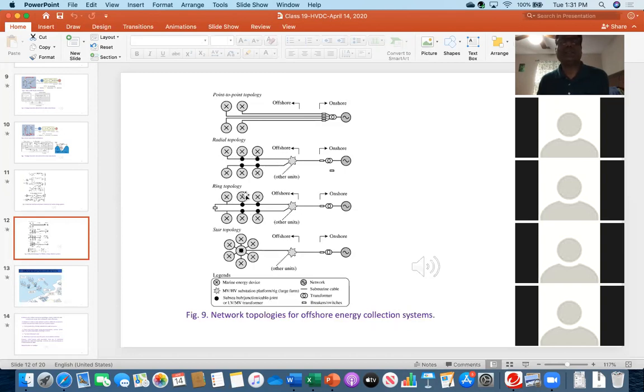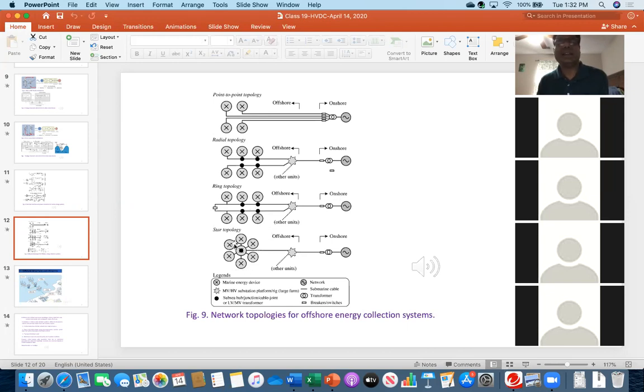Now, this structure is called the ring topology. You see it is pretty much similar to the radial topology, but it is called a ring because it is forming a ring. On the left side, this rectangular symbol represents the circuit breaker. They are connected with the help of a circuit breaker. That's why this is called the ring topology.